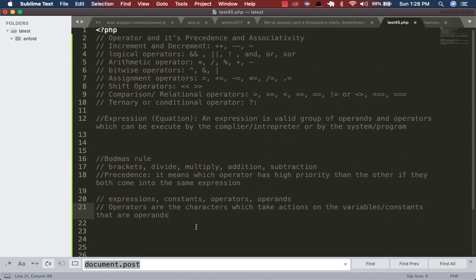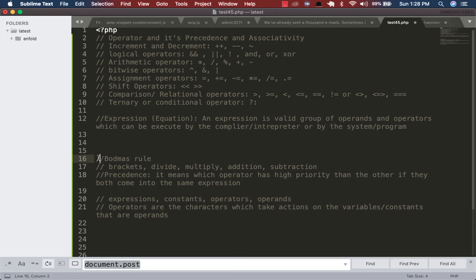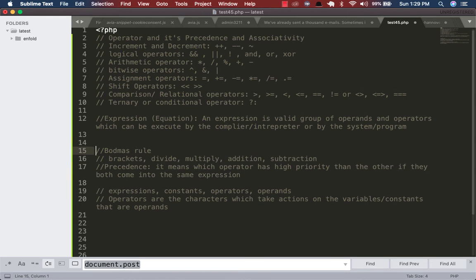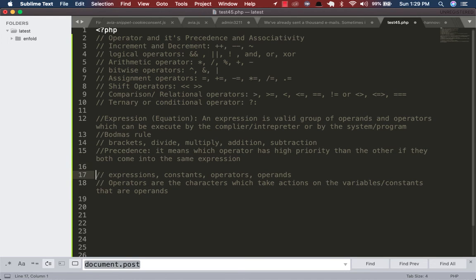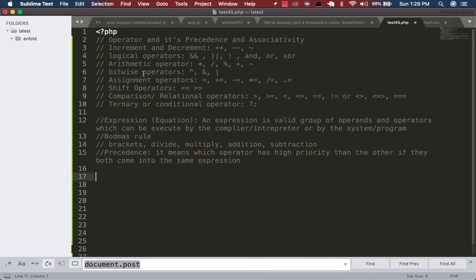Okay, so now I will delete all this. We will first start with increment and decrement operators. I will only execute these two.